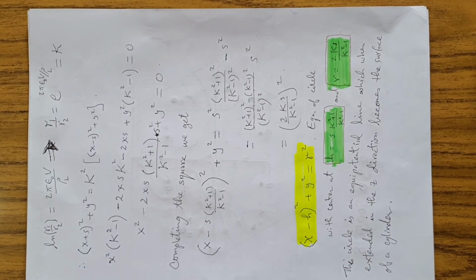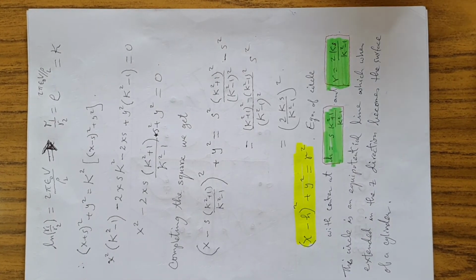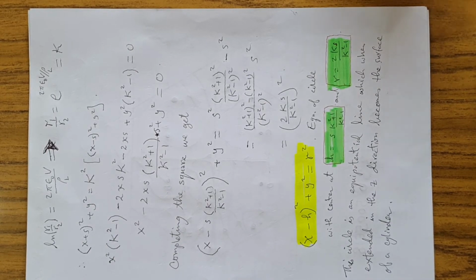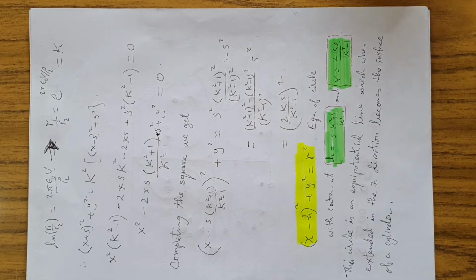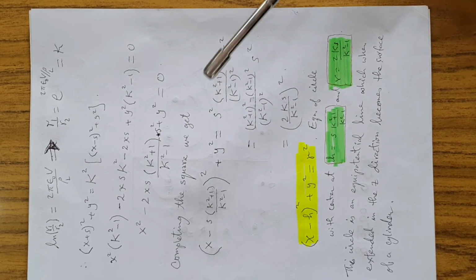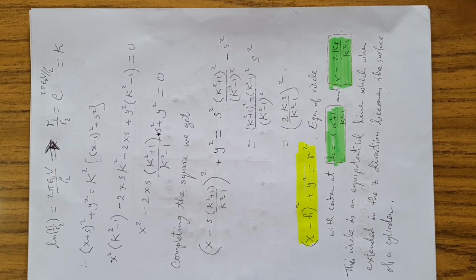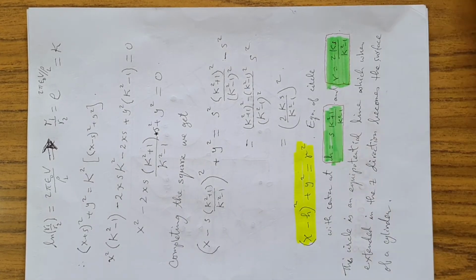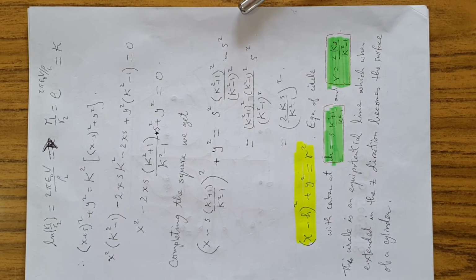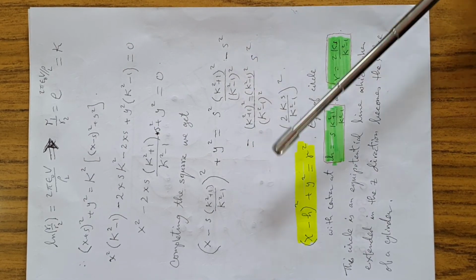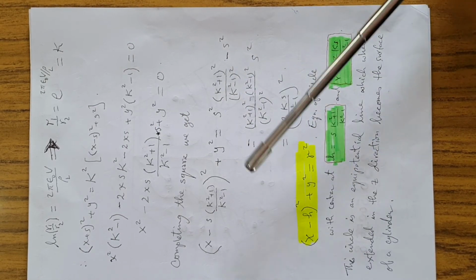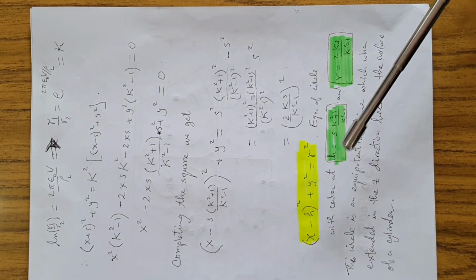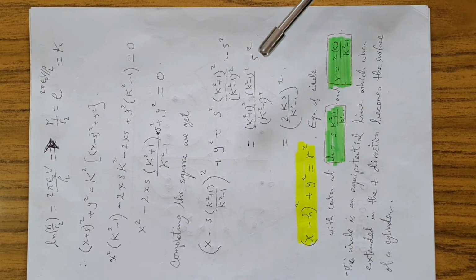This equation looks like the equation of a circle. So if we complete the square for x, okay, by adding s times k squared plus 1 over k squared minus 1, squared, to both sides, and rearranging terms, we come up with this: x minus h squared plus y squared equal to r squared.